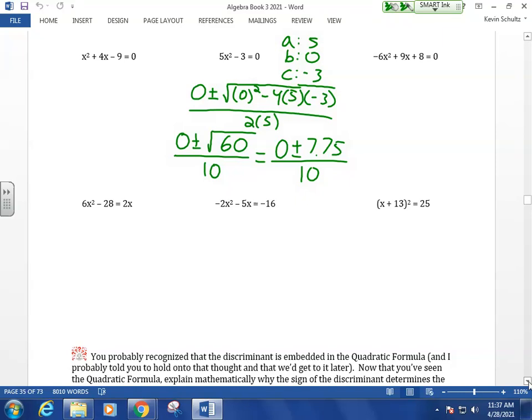And now we can break it up into our two solutions. I'm going to go below here so I don't cram the writing. 0 plus 7.75, which is essentially just positive 7.75 divided by 10. Our second one, 0 minus 7.75, which is essentially negative 7.75 divided by 10.